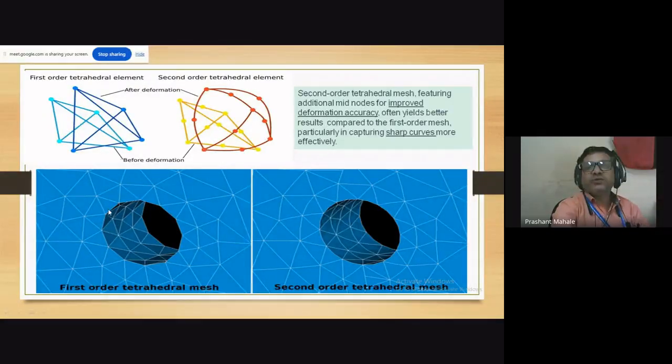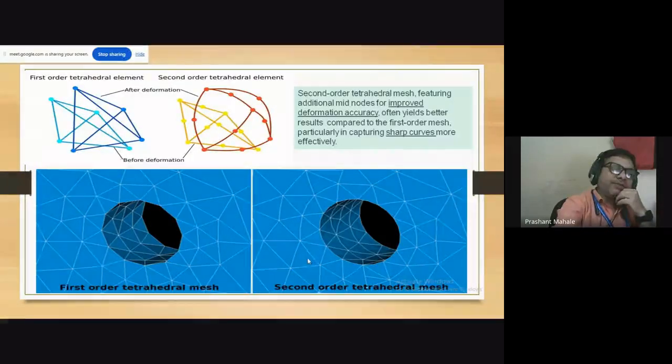But instead of using first order tetrahedron, we will use second order tetrahedral element. So in that case, the curve is like this, nearer to the sharp. It is not actually very sharp. When you go on increasing the number of nodes, you will get this curve sharper and sharper, which gives the refined and precise results actually.